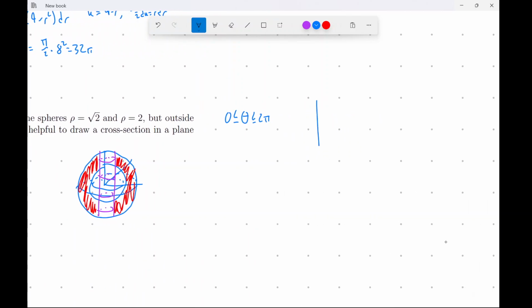And if we do that, again, this will be my z-axis. This will be my r-axis. And let's see, we want to stop at 1, because that's where my cylinder is. And then we have a circle of radius root 2, which I'll draw like this, and a circle of radius 2, and we want this region.